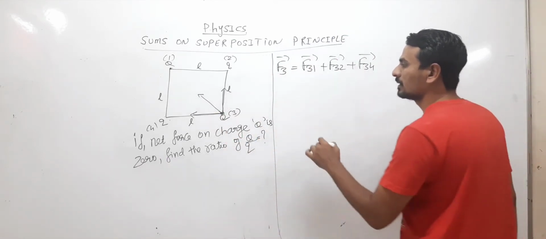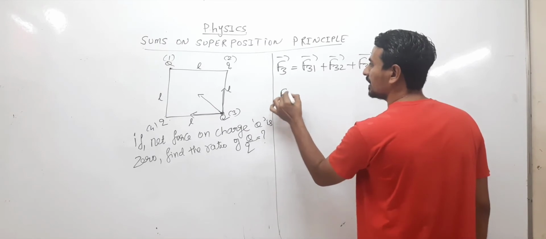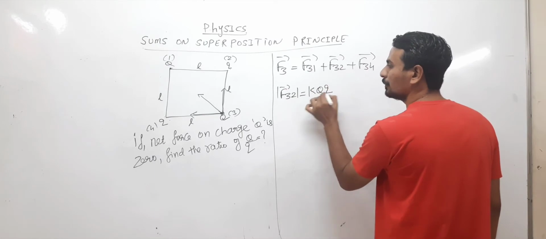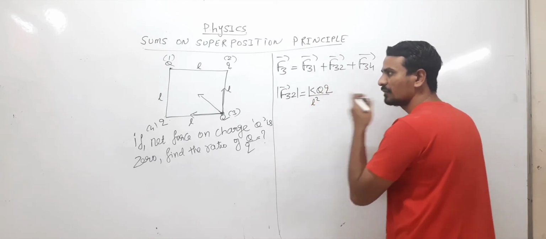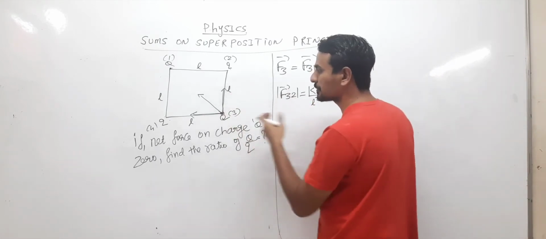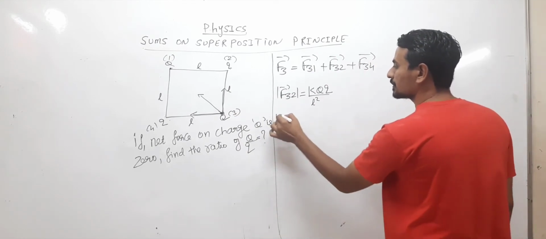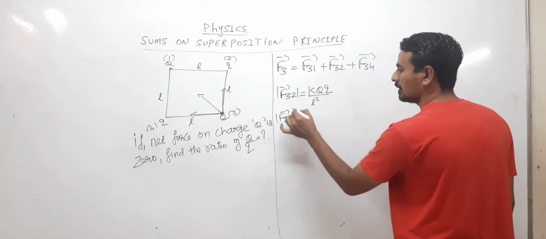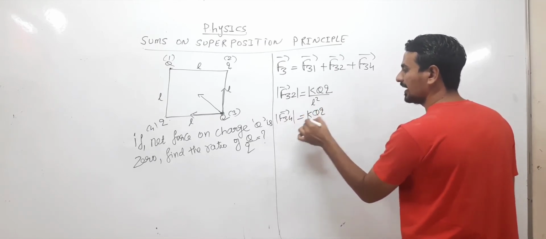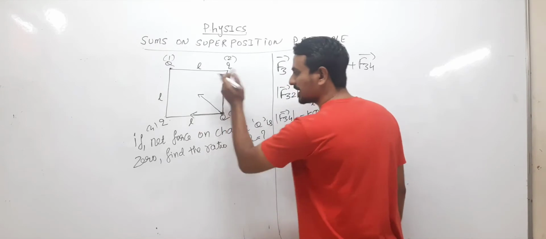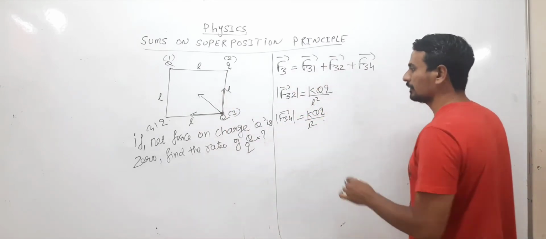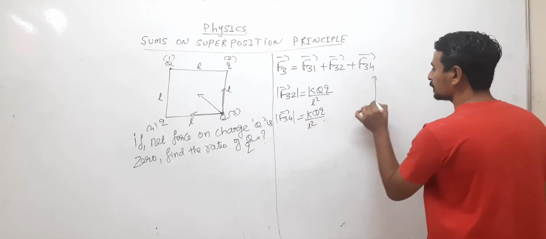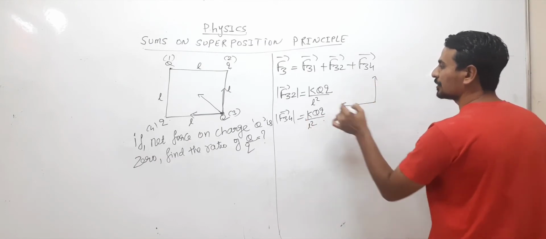First, let us say force on 3 because of 2 will be KQq by L square, using Coulomb's law, KQq by r square. Force on 3 because of 4 will be KQq by L square, and it will be in this direction, right? Magnitude wise both are F.